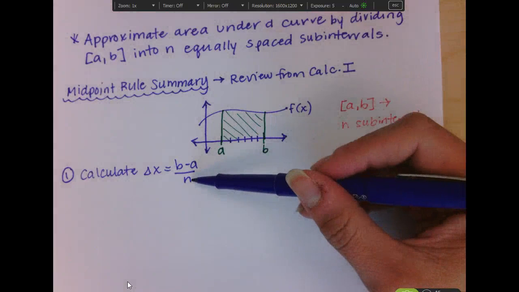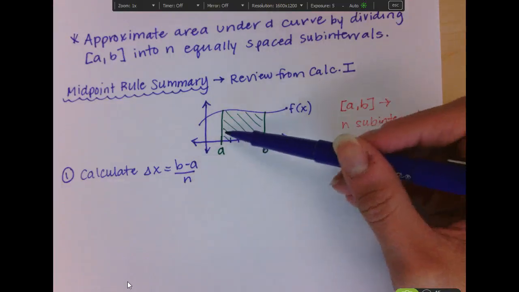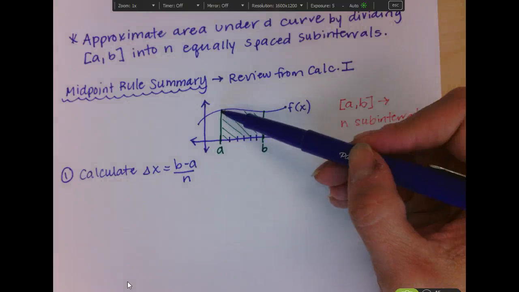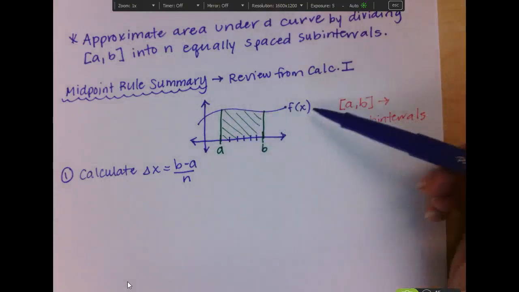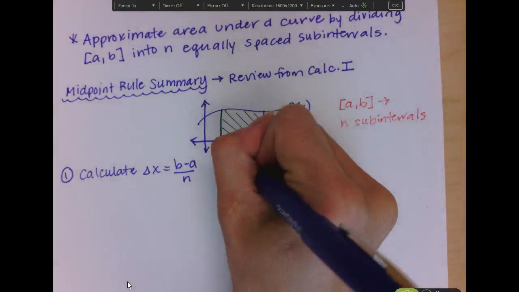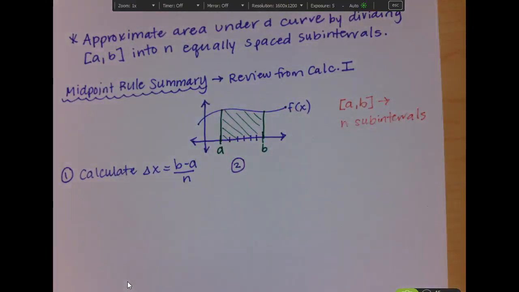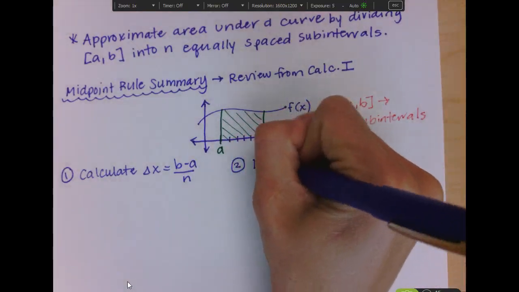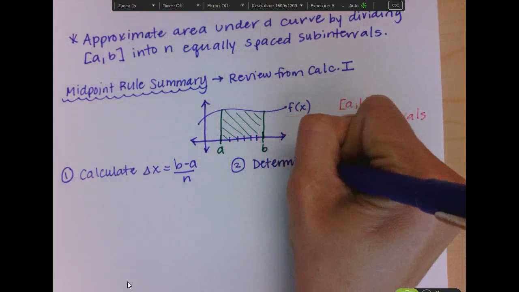If I let n become large, and I have several of these, each rectangle will more closely follow the pattern of the curve f of x, and we'll have less error in our calculation. Continuing on, once we've gotten our delta x, we can now determine what the subintervals actually are.